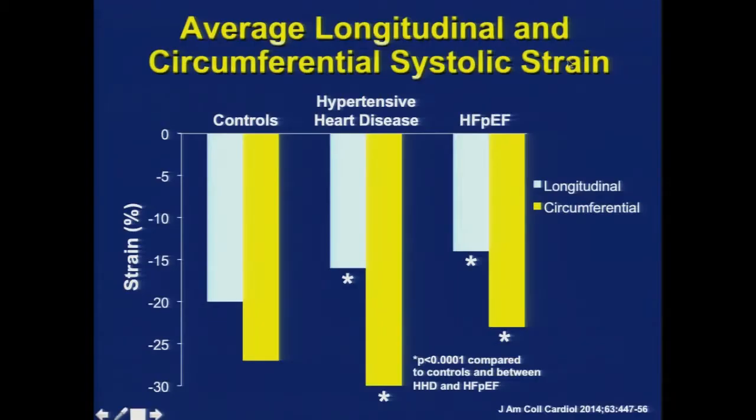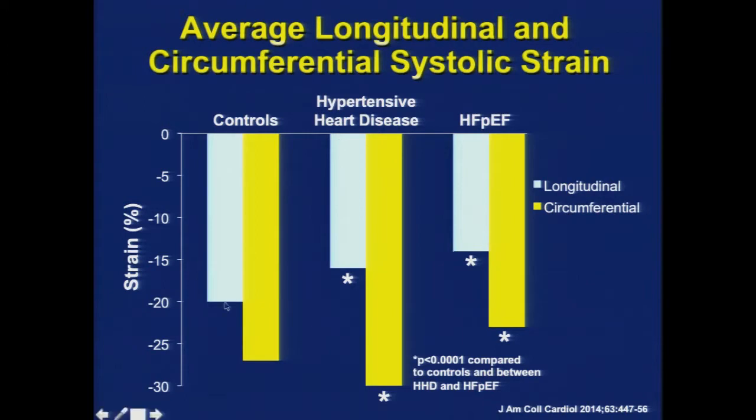Here are patients with the clinical syndrome of heart failure preserved ejection fraction. They have a reduction here in blue in both longitudinal and in yellow circumferential strain compared to baseline or controls. If you look in the middle, individuals with hypertensive heart disease, superimpose those with diabetes or other comorbidities which may predispose an individual to HFpEF.